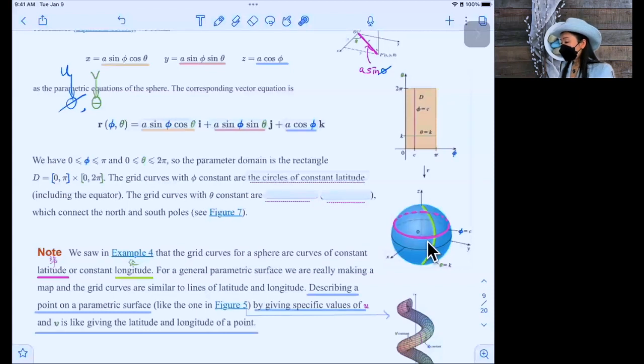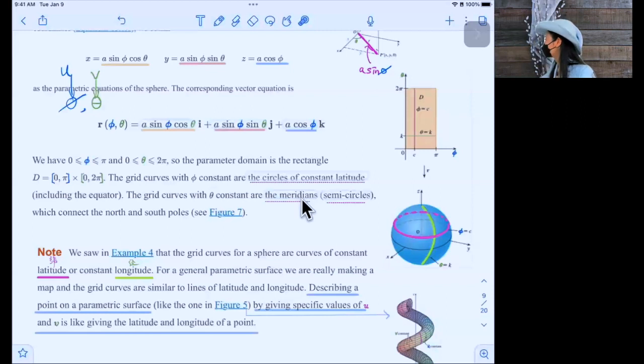What about if you keep theta constant? Theta constant will be this horizontal line segment here. When theta is constant, sine theta and cosine theta will be constant, right? And you will have this square plus this square over here. When you do the math, you should get this. It's going to be the, how do you say this word?